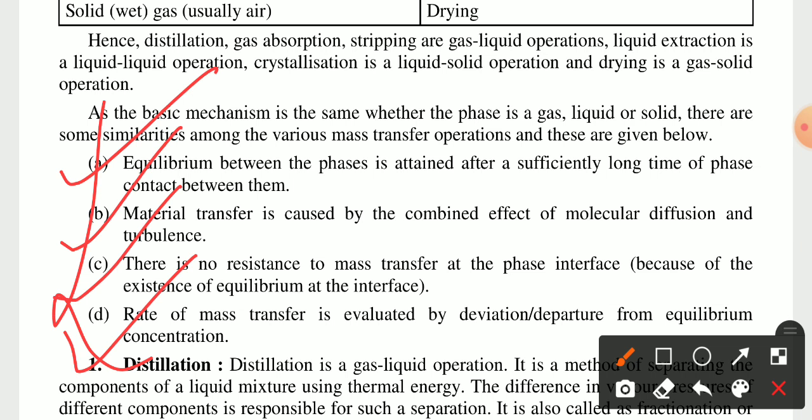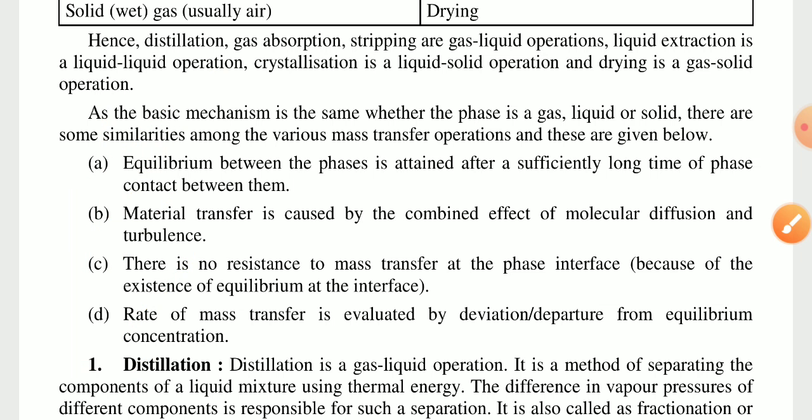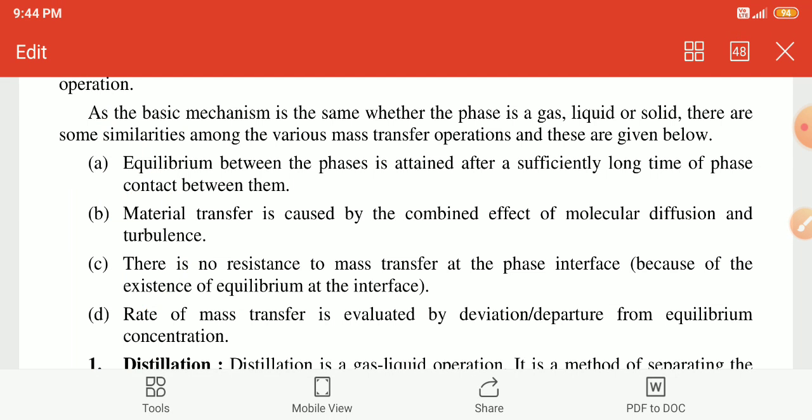Equilibrium between the phases is attained after a sufficiently long time of phase contact between them. Material transfer is caused by the combined effect of molecular diffusion and turbulence.